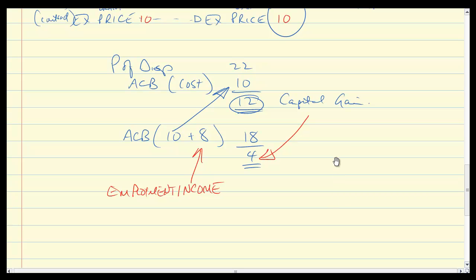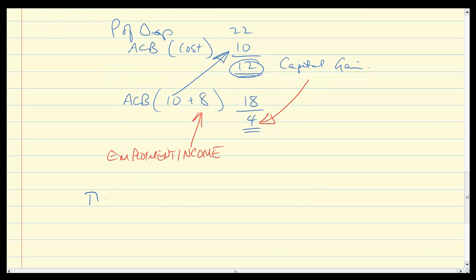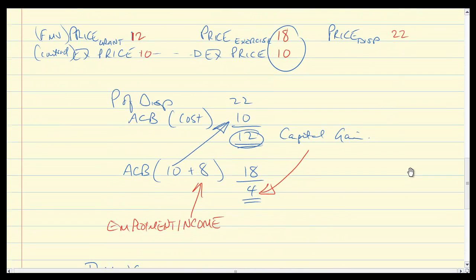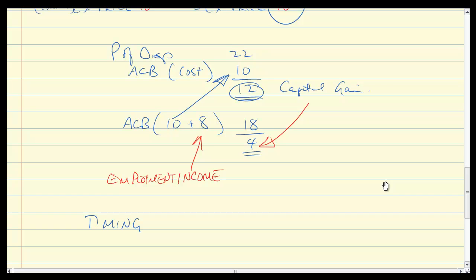However, there's further questions to ask. Well, what about the timing? Because again, remember, these are spread over multiple years. So you go back and look at the timeline, there could be 10 years pass in this time. So when should we tax it? The government would like its money sooner, and she'd like to hold on to her money longer. So when do they tax it? So again, let's just get this down.